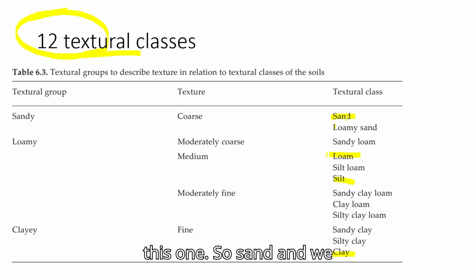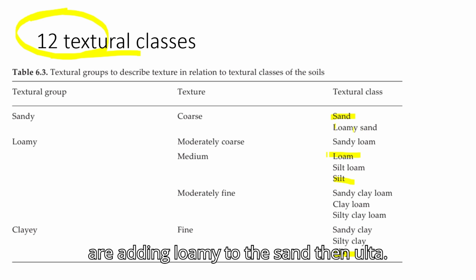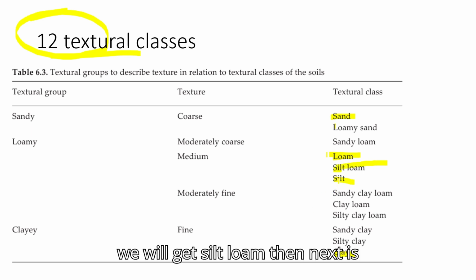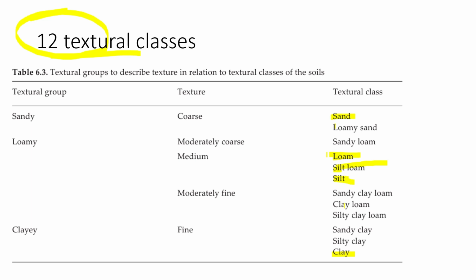So sand, then we add loam to the sand, then reversed, sandy loam. Then loam, add silt to loam, we will get silt loam. Then next is silt. So silt loam and silt, then loam. Then next is clay. To clay, add sandy and silty, sandy clay and silty clay.